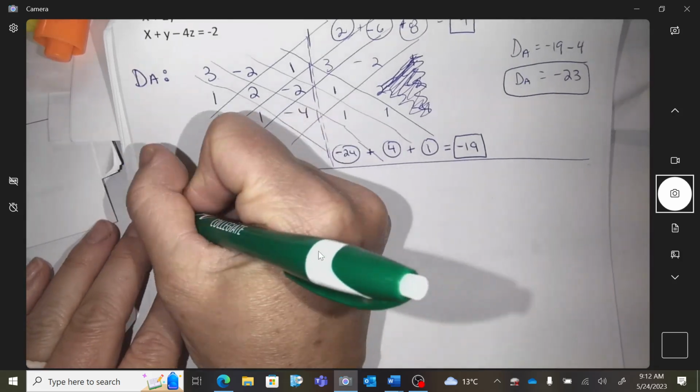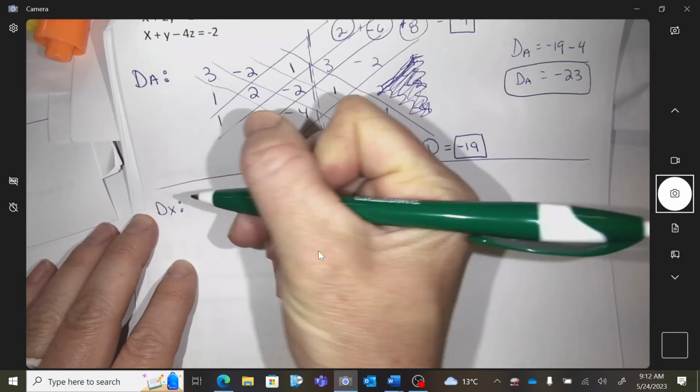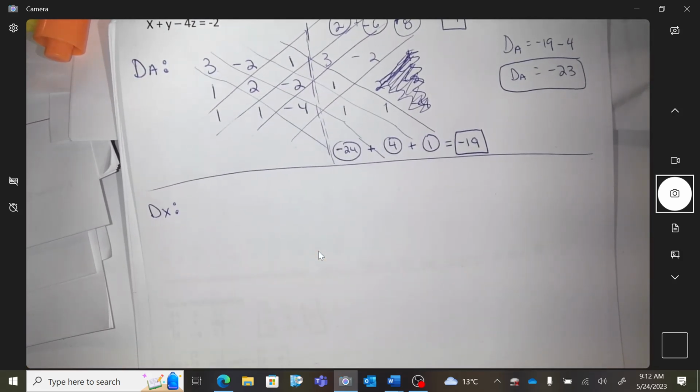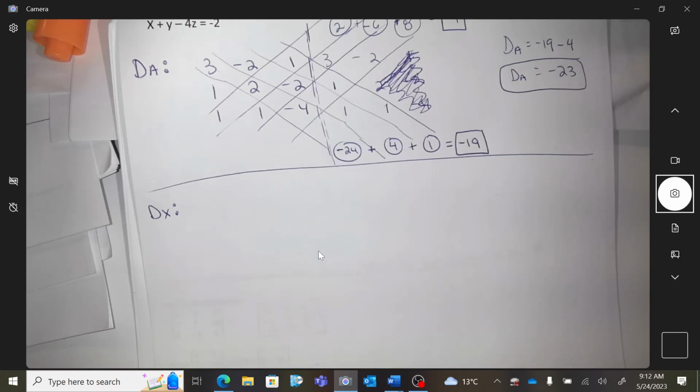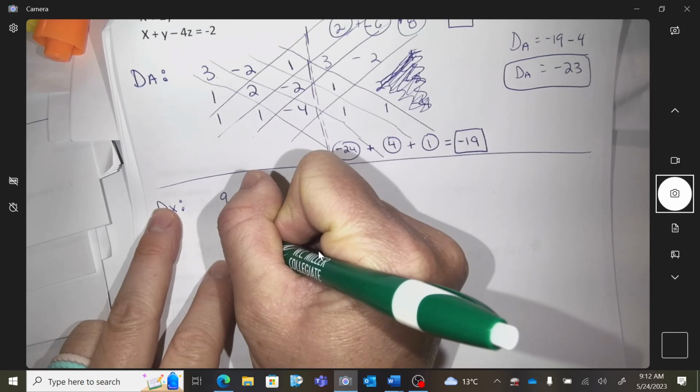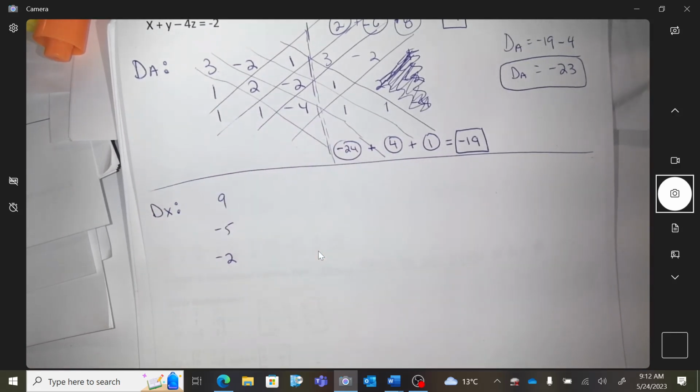Okay, determinant of x. Okay, remember what to do. Out of all the x numbers, replace them with the constants. So 9, negative 5, and negative 2 go into the x spots now instead.